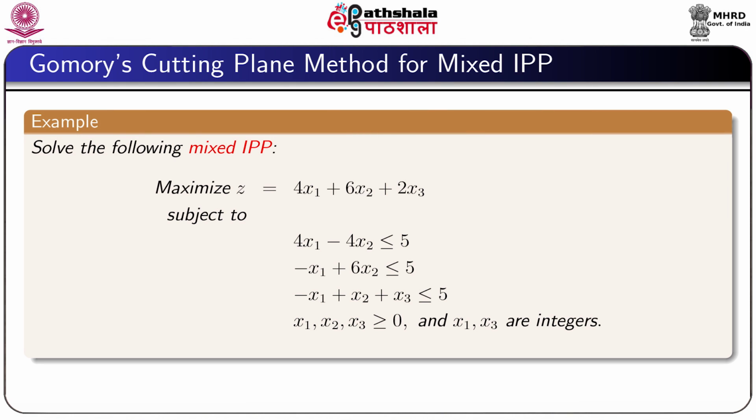We introduce 3 slack variables x 4, x 5 and x 6, one to each constraint. Then an initial BFS will be x 4 equal to 5, x 5 equal to 5 and x 6 equal to 5.